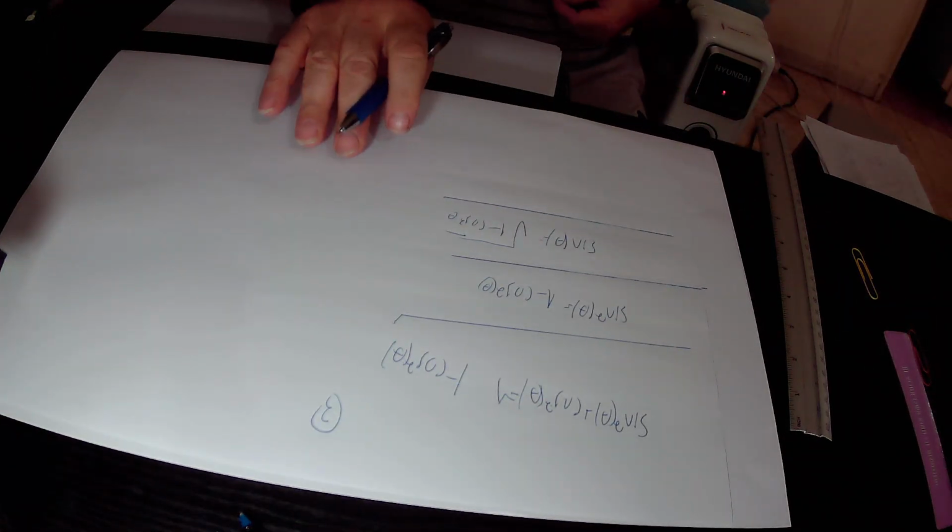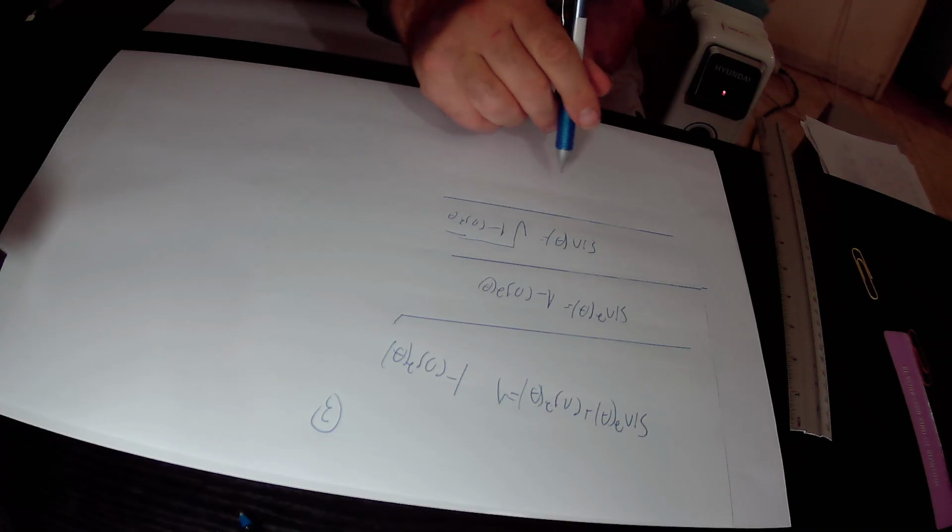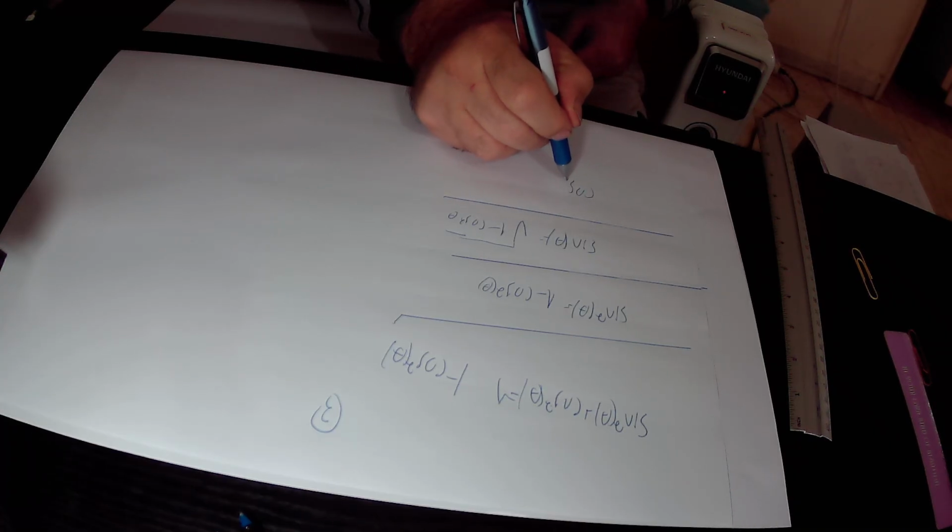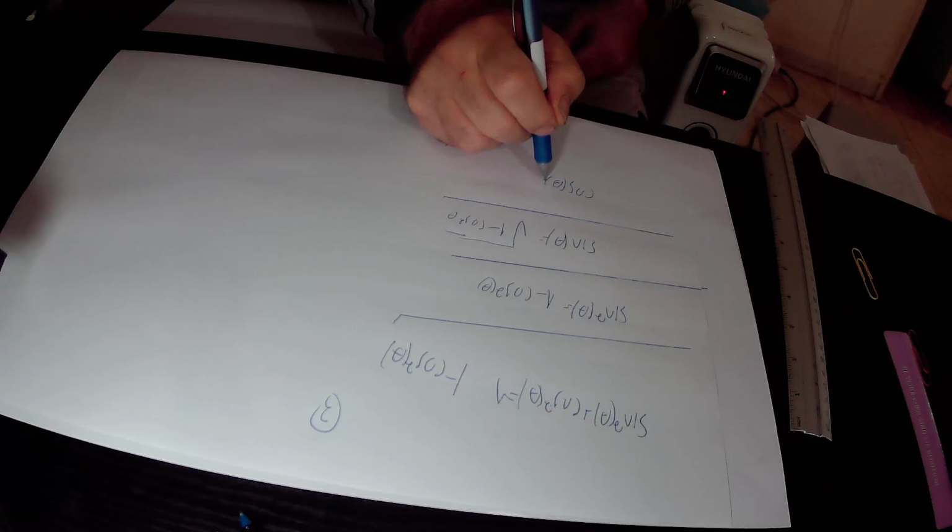We already found out that cosine theta equals 17 over 32.